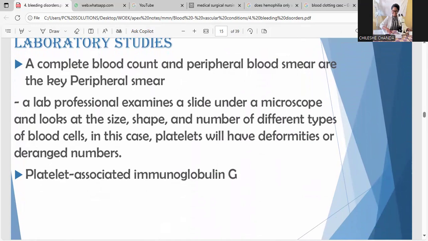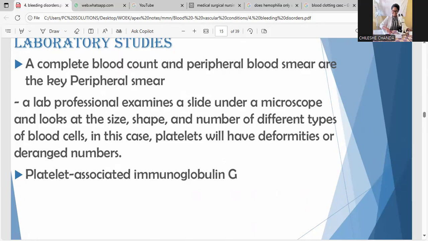What do you do to try and diagnose a bleeding disorder? So there are lab tests, a complete blood count, and peripheral blood smear, where you count all the formed components of the blood.